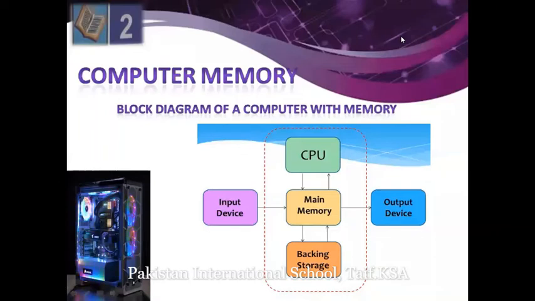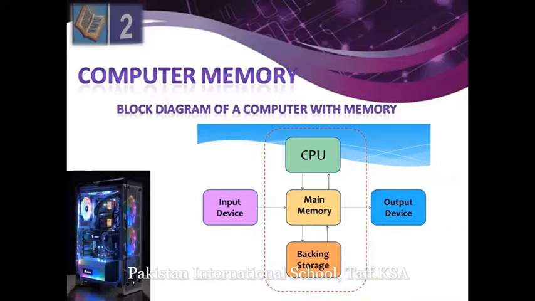Dear students, our system block diagram is used to display the relationship between memory and all I/O devices. This is our central processing unit, CPU. Input devices, this is our input unit. With the help of the input unit and input devices, we can get input and result. After entering input, your data is passed to the main memory, and main memory consists of RAM and ROM.